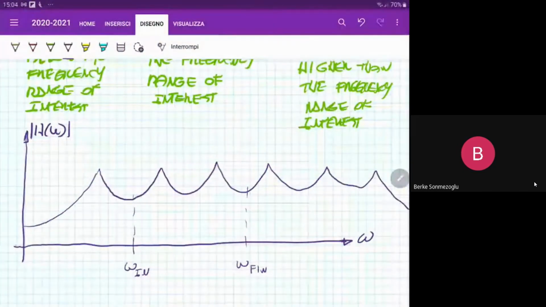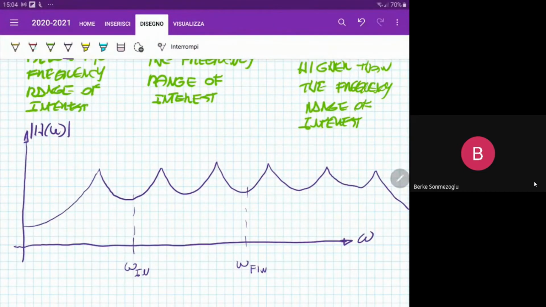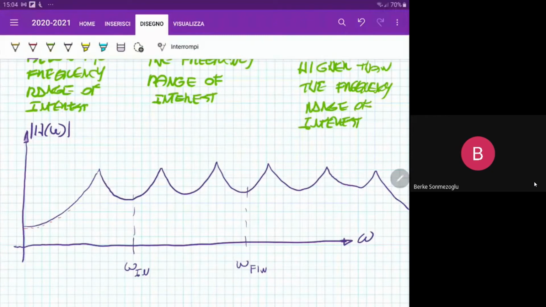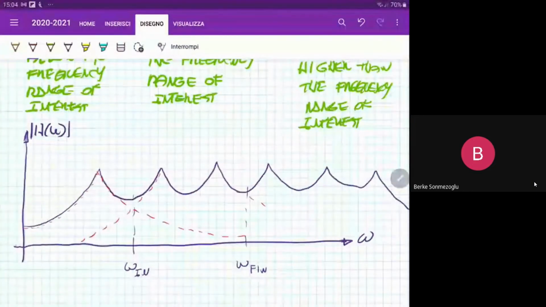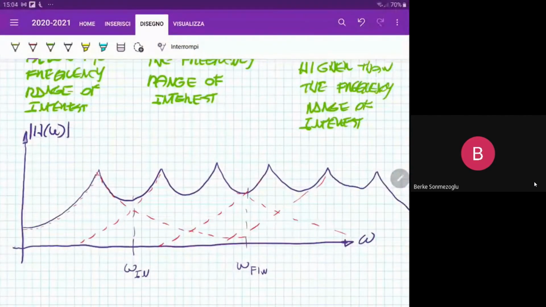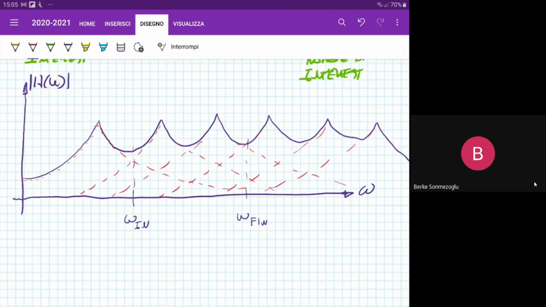As you can see, this plot could be reviewed as this contribution, and so on. We are referring to the typical partial fraction expansion of your whatever system response function.